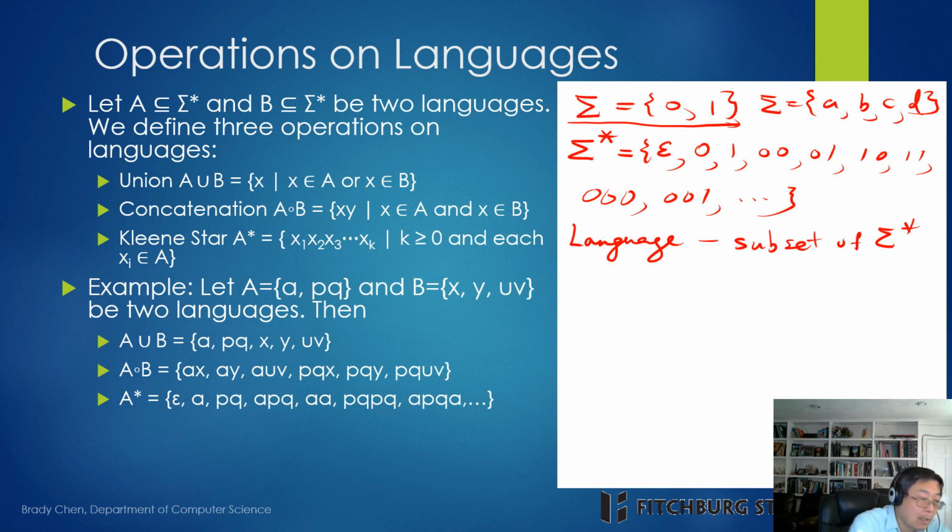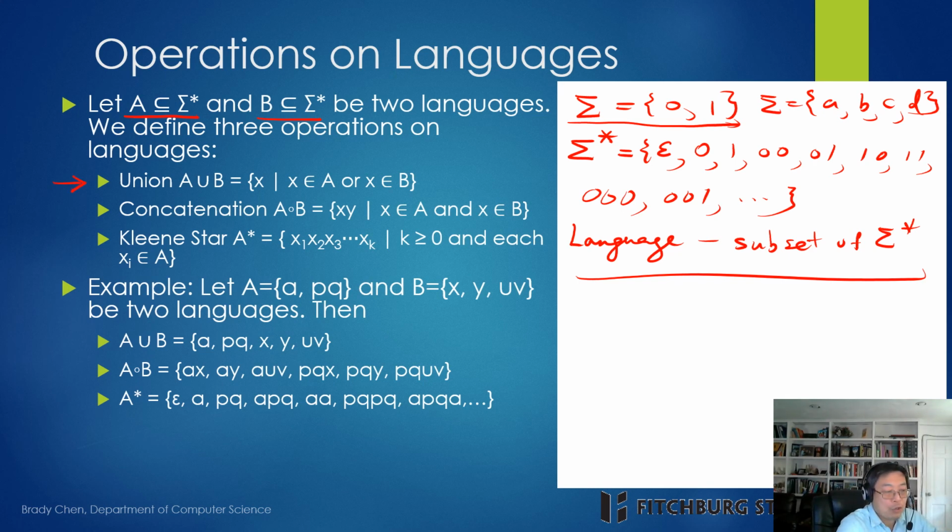Now, let's get back to the current topic, operations on languages. So we know what a language is, right? It's a subset of sigma star. Now let A, which is a subset of sigma star, and B, another subset of sigma star, be two languages. Now we're going to define three operations on these languages, A and B. First we define the union.